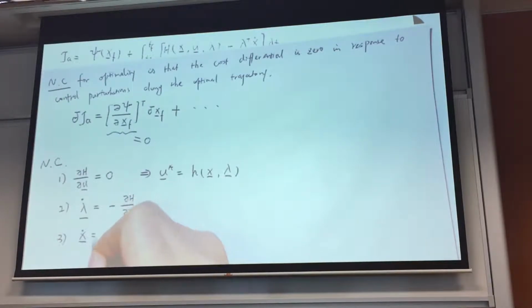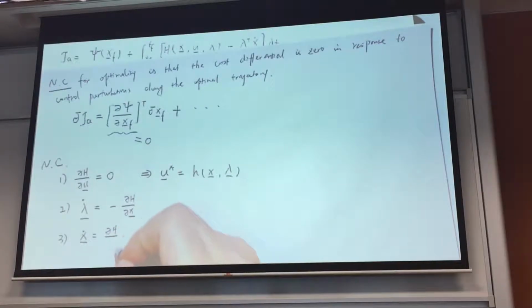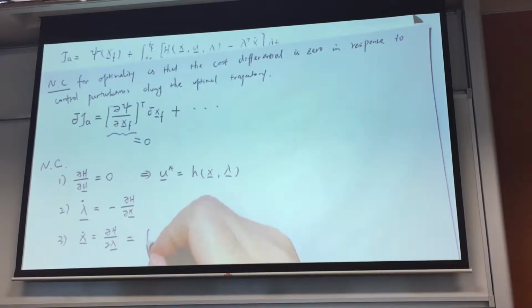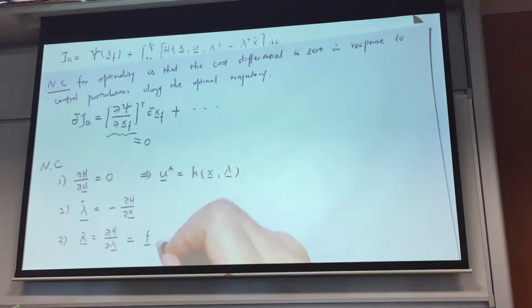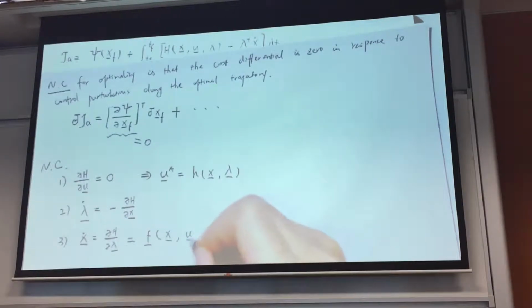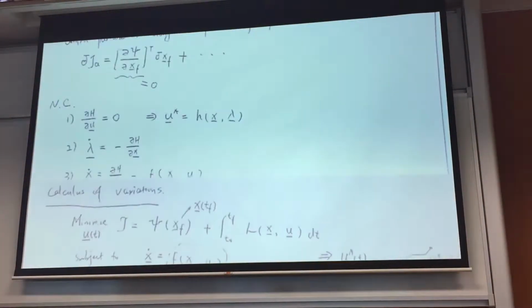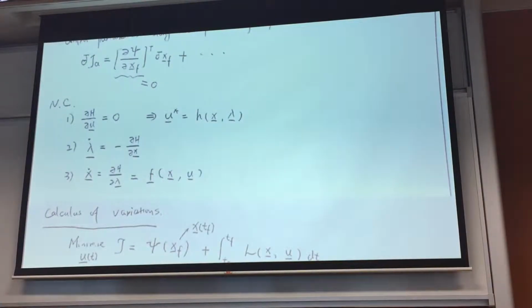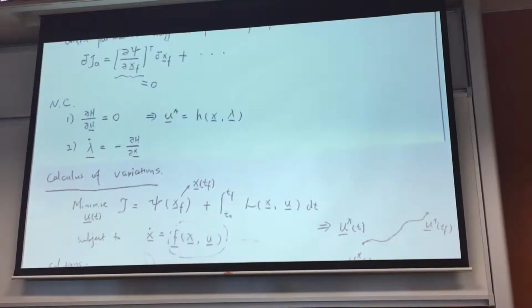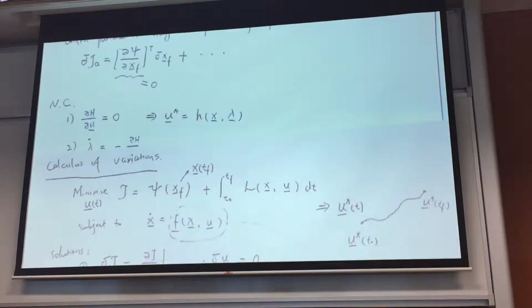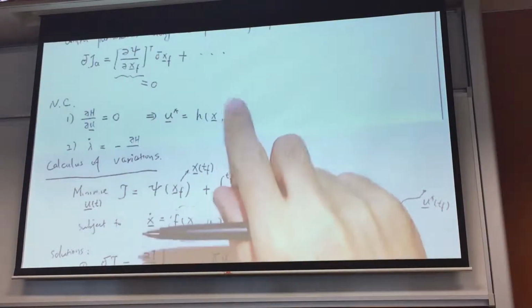The x dot is given by dH/d lambda, so it is equal to the original constraint function. This function is given in the problem, just the same as what we defined here. It's the dynamics of your system.